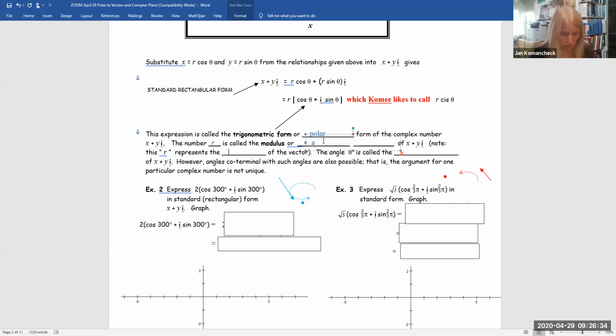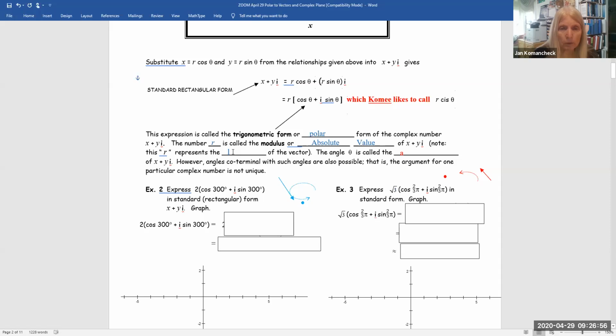What else is it called? Oh, I know. Or it's called the absolute value of x plus yi. We don't use that very often, but they do use that in physics, so I do need to point that out. Sometimes r is called the absolute value of x plus yi.